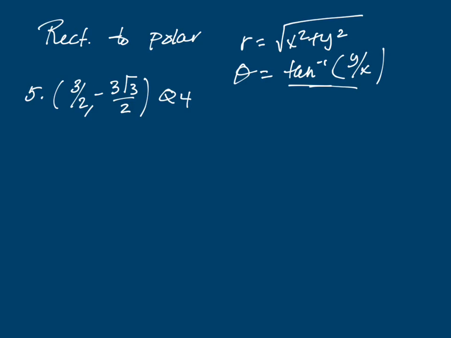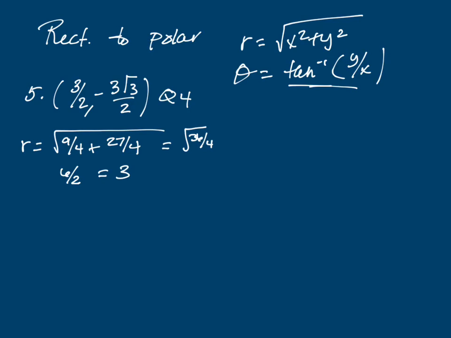So the first thing we do is r is equal to the square root of 9/4 plus 9 times 3, which is 27/4. So that is the square root of 36/4, or 6/2, which is 3. Okay, so r is 3.